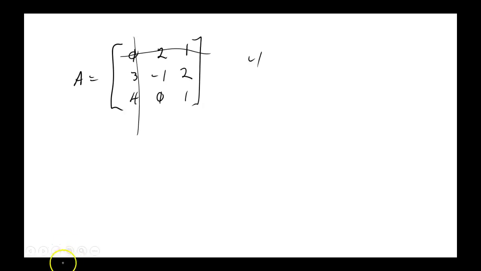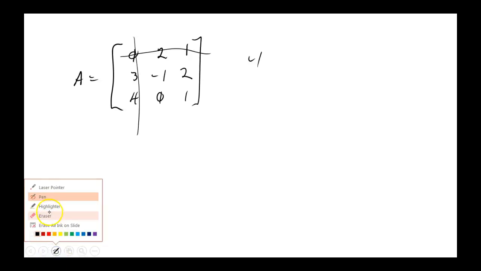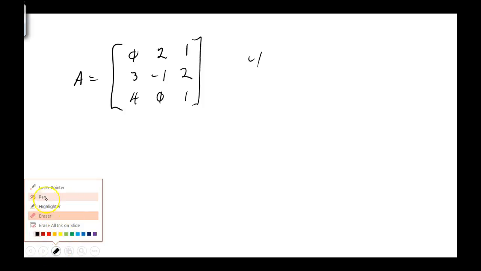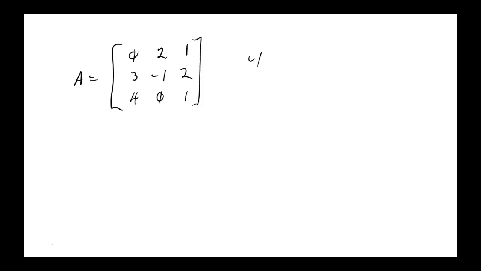So if it was a negative, it would have been +1 because it flips the sign, right? That was the minor for 1,1, and then the cofactor is the same on 1,1.